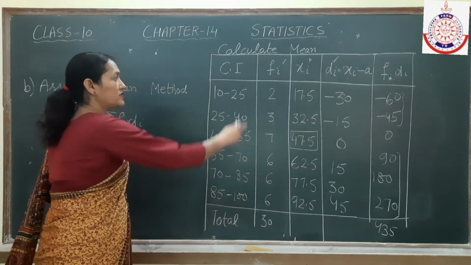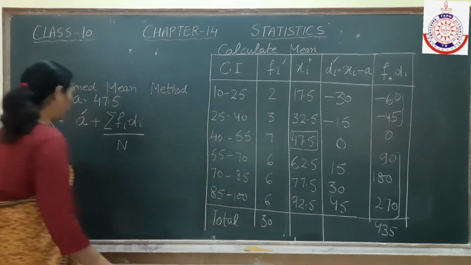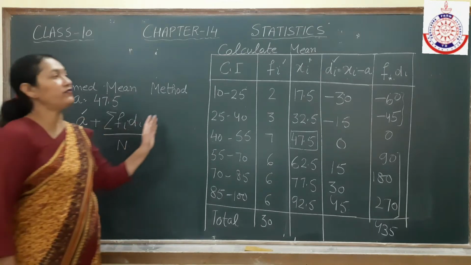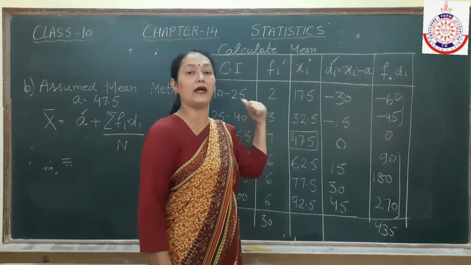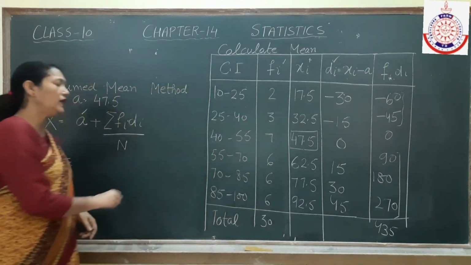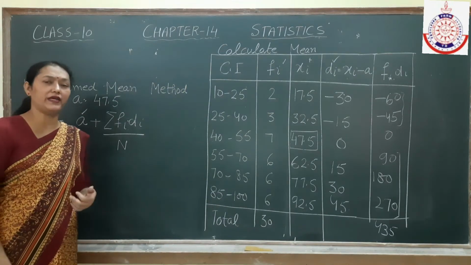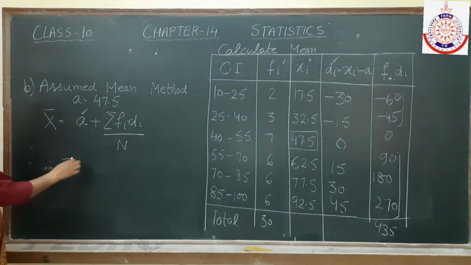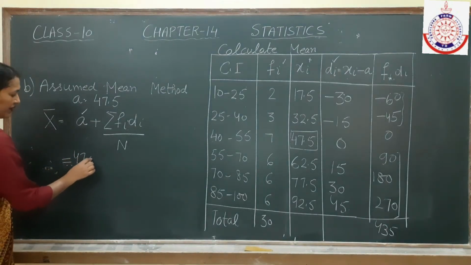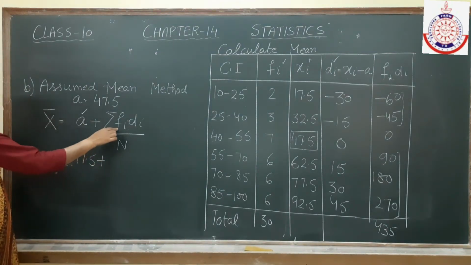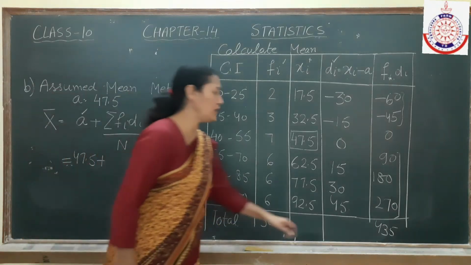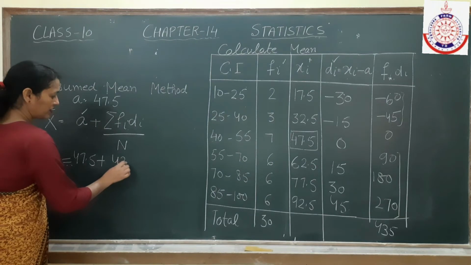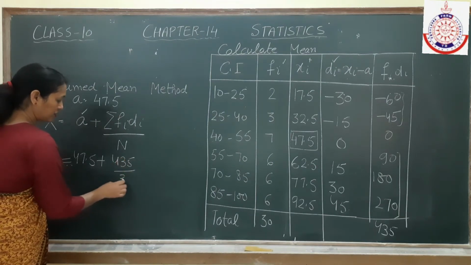Now sigma Fi is 30 only, putting the values here. Whatever A is being subtracted from all the values, we will be adding it back. You can take it as A being taken common. So adding A, 47.5, plus sigma Fi di, 435, divided by 30.